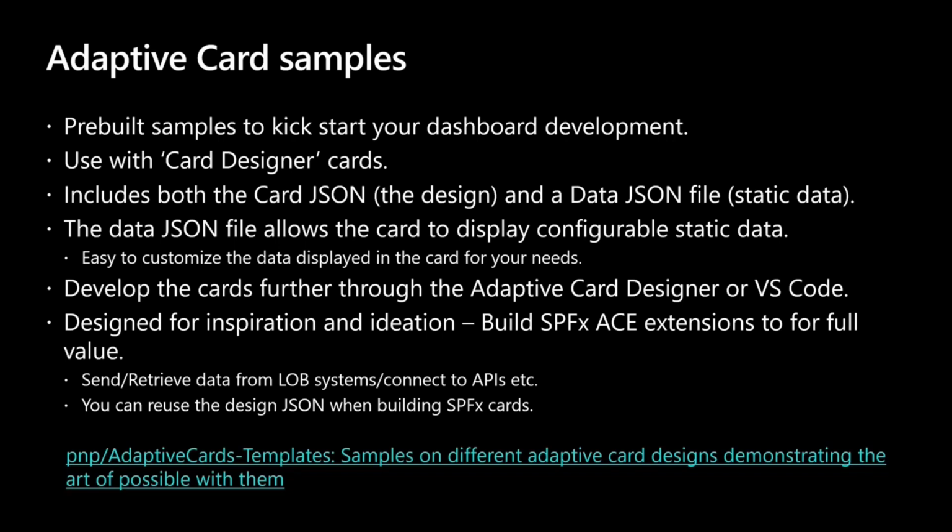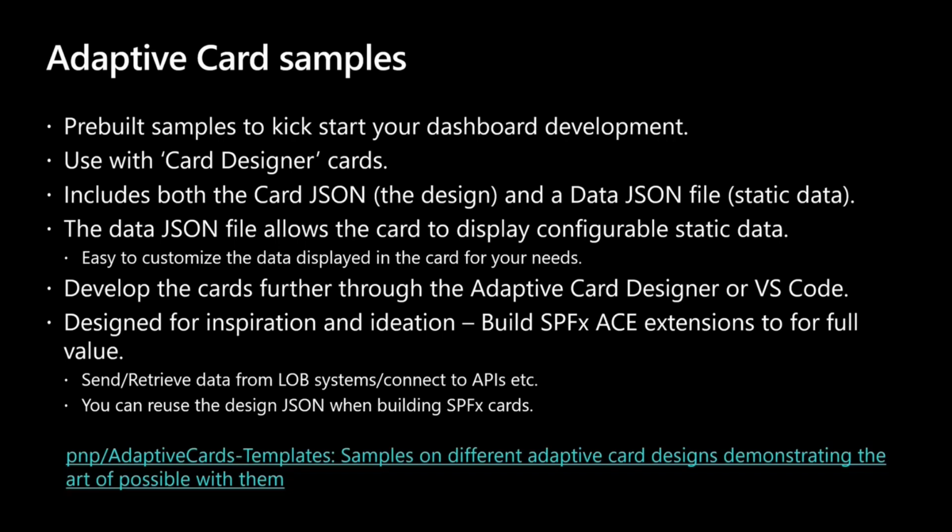Okay, so we've crafted some JSON, which we call the card JSON, so the actual design for the card, with a separate, most of these samples have it, a separate data JSON file where we're storing the data. So this ultimately is static data and static cards, but they're very visual, okay? And they are designed to give you inspiration and ideas for building cards further, okay?